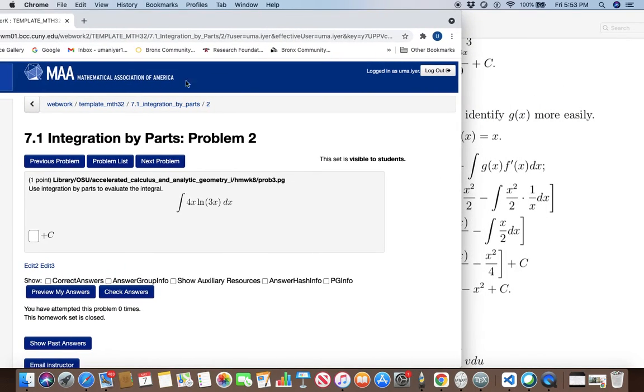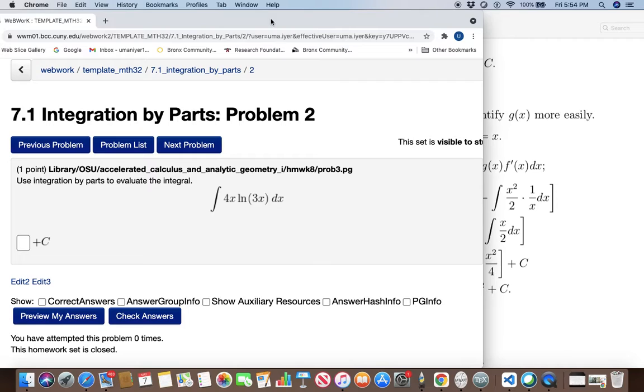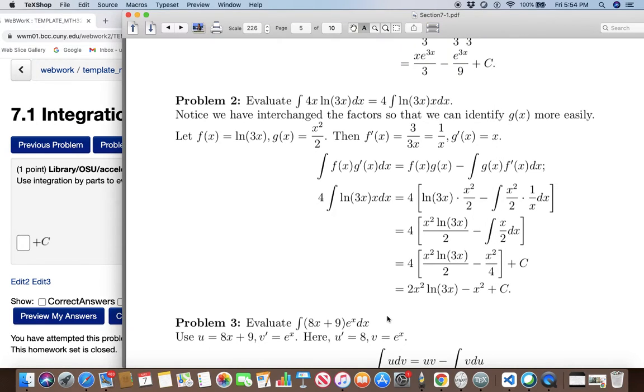Next problem is use integration by parts to evaluate the integral 4x natural log 3x. Integral of 4x natural log of 3x. You see, it helps to interchange the two factors. So we have simply gotten the 4 out.